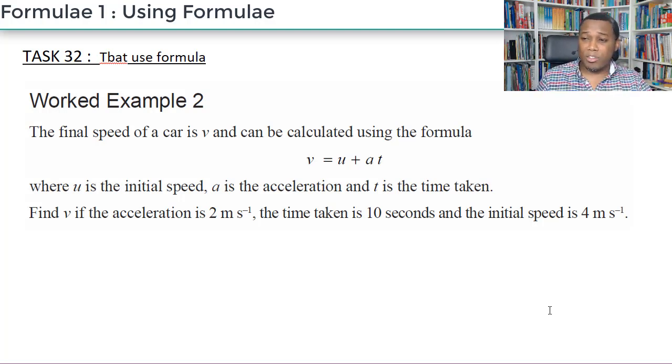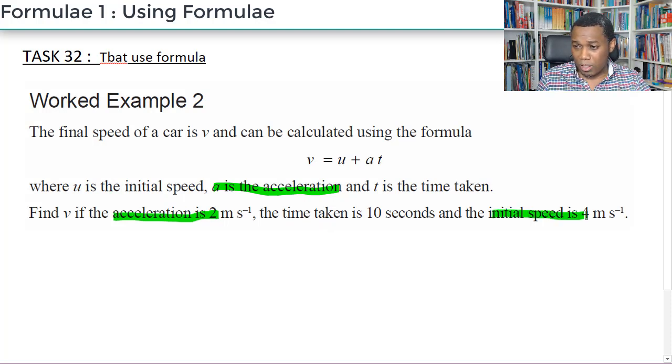Thank you so much for doing that. What did you do? Let's see if it's exactly what I did. We have V is equal to U plus AT. As we read through the problem, we can see acceleration is 2, and we know A is acceleration. Similarly, U is the initial speed, and the initial speed is 4.